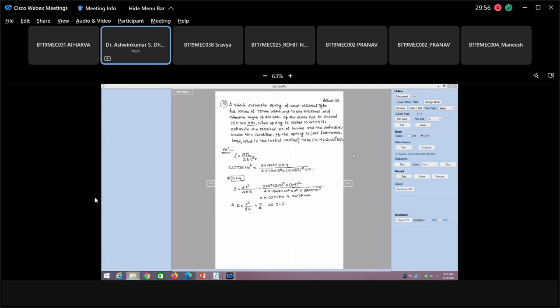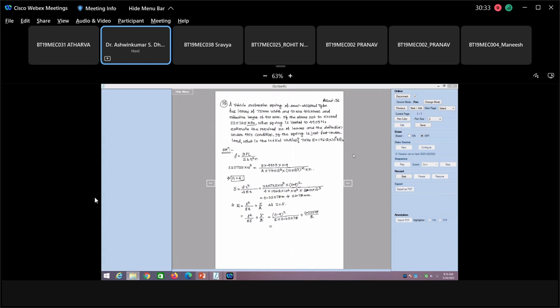So from here, L square divided by 8 delta plus delta by 2. L is given as 0.9, squared, divided by 8 into delta, which you have calculated as 0.02278, kept in meters, plus delta, 0.02278, divided by 2. So what is the value of R?